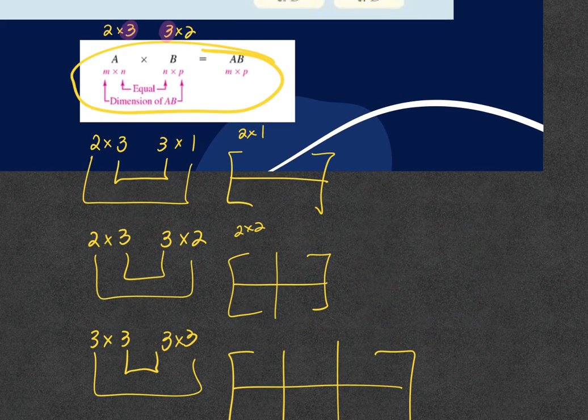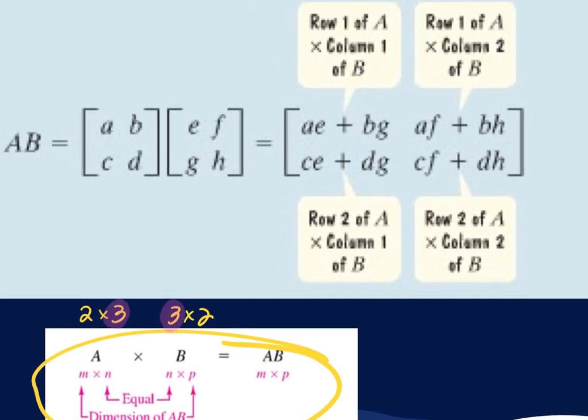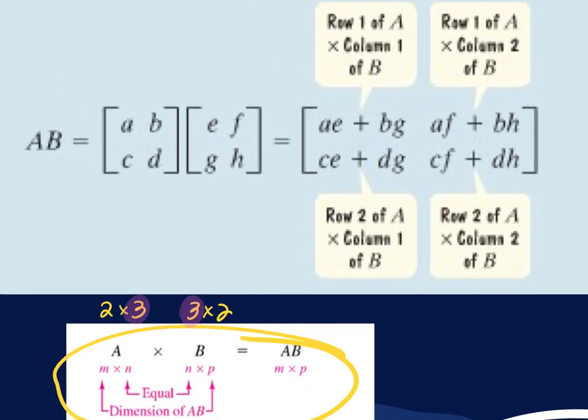Then each cell, each spot, gets filled by the product of its name. So if this first cell is called row 1, column 1, because it's in the first row and the first column, then row 1 from the first matrix gets multiplied by column 1 from the second matrix. So the name of the cell tells you what you're multiplying together.